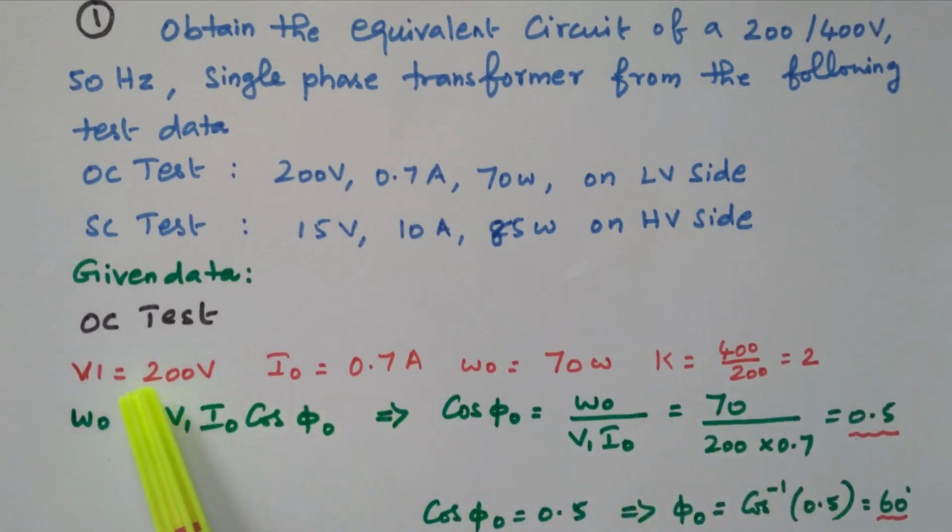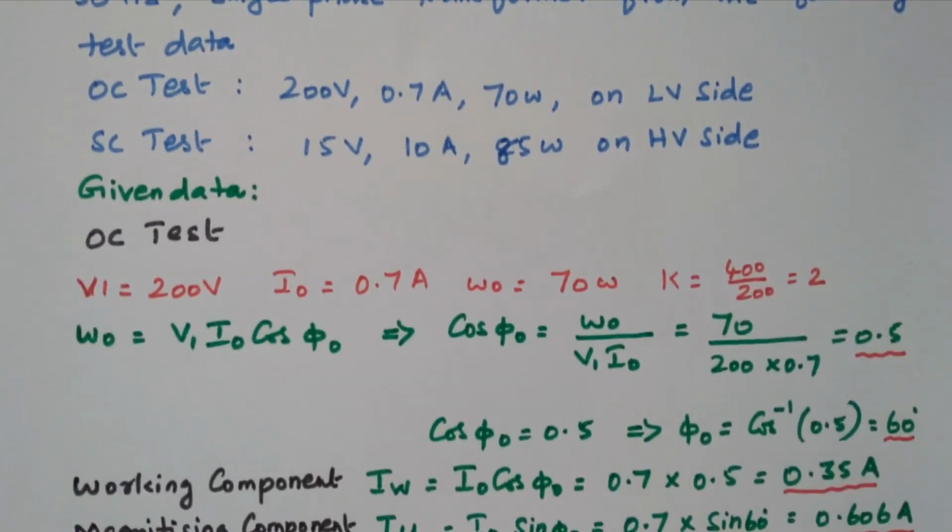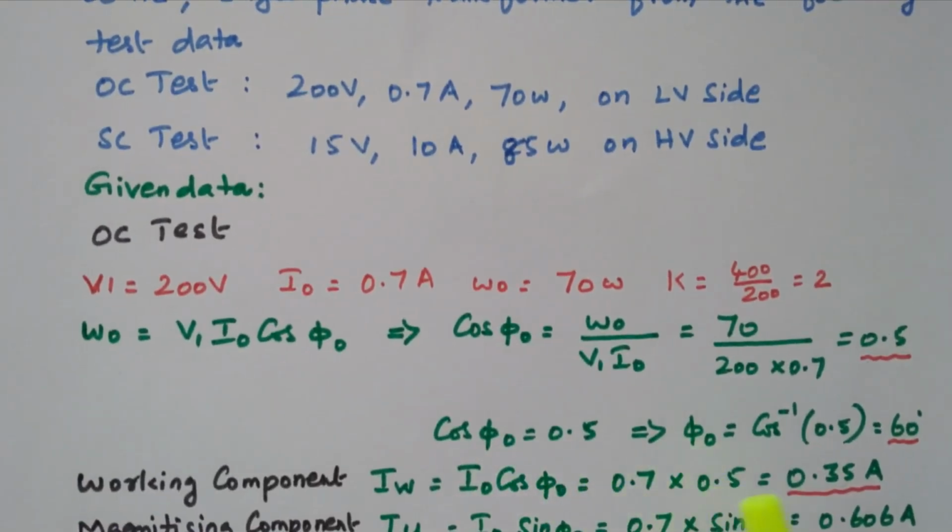All these values are available, V1, I0, W0. So that is equal to 0.5. Cos phi naught equal to 0.5 means phi naught equal to cos inverse 0.5, that is 60 degree. So the no load power factor is 0.5, and the angle phi naught, the angle between no load current and voltage, is 60 degree.